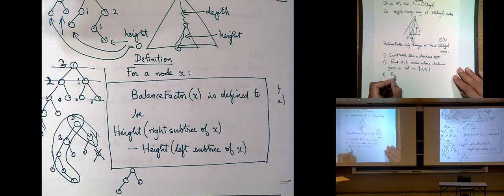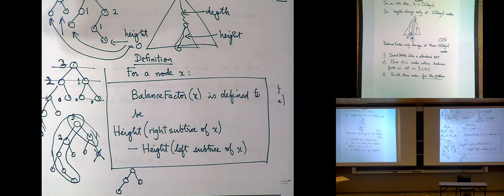And for all these nodes, we need to fix the problem. And so we can end right here the lecture, right? That's it. We fix the problem. Then you're done. You have an AVL tree. Okay? Does this make sense? To find all the nodes where the balance factor is not in -1, 0, or +1, you only have to look at the ancestors of the node that changed, which is the insert or the delete.